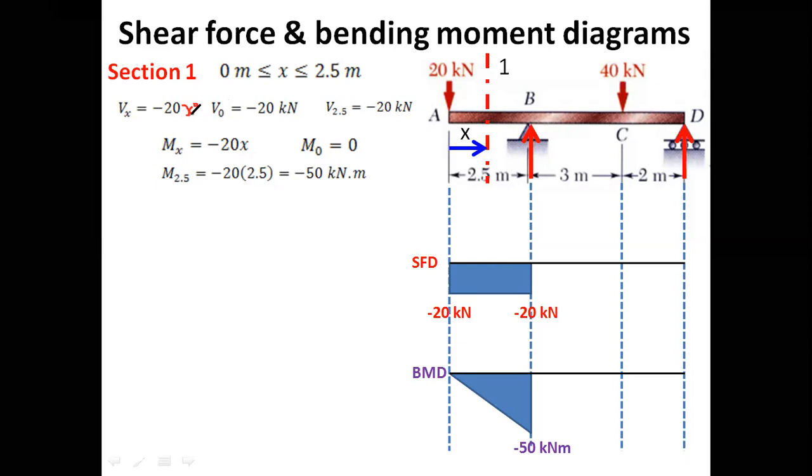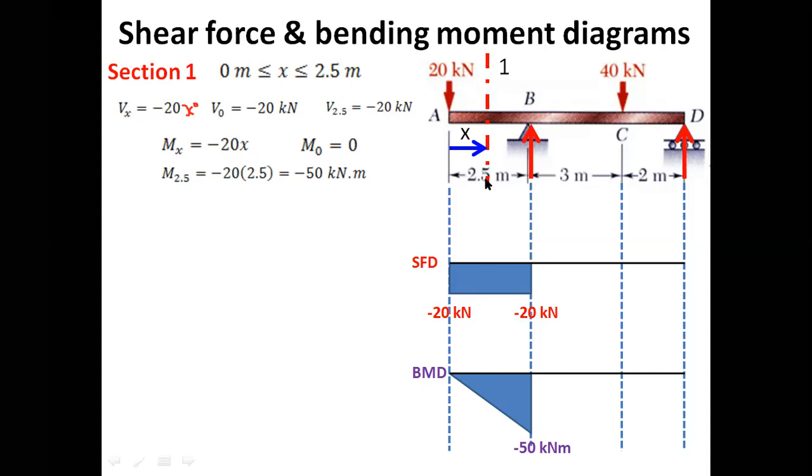So anything that has power 0 is 1. We could put this x as 0, we could put this x as 2.5. So putting this x as 0, we get the shear force at point A, which is minus 20 kilonewton, and putting this x as 2.5, we have the shear force at point B.